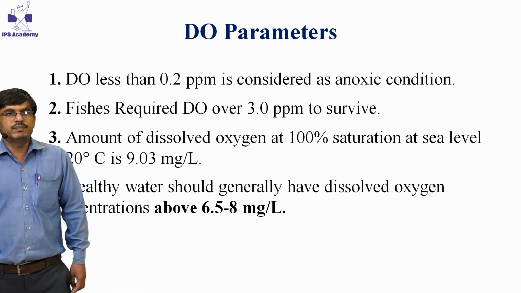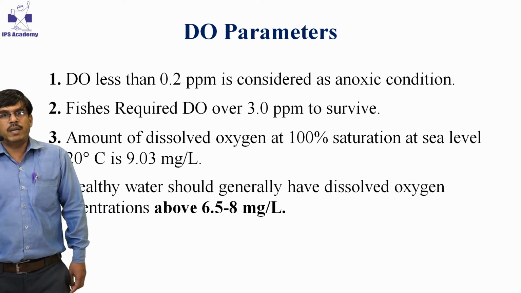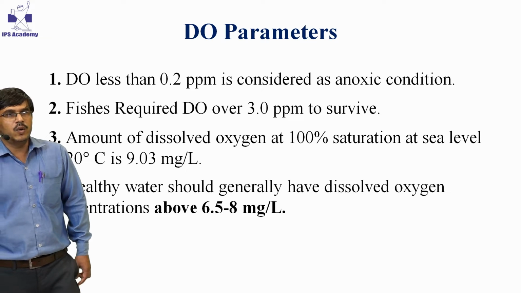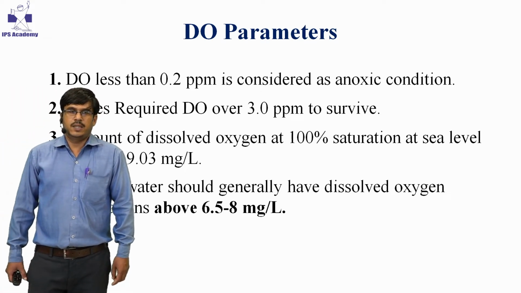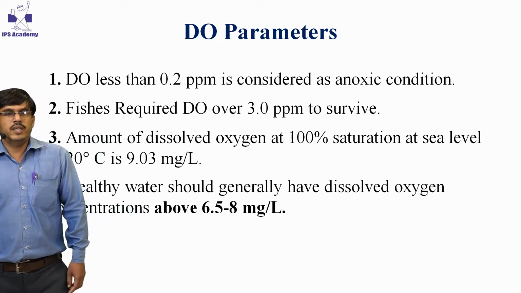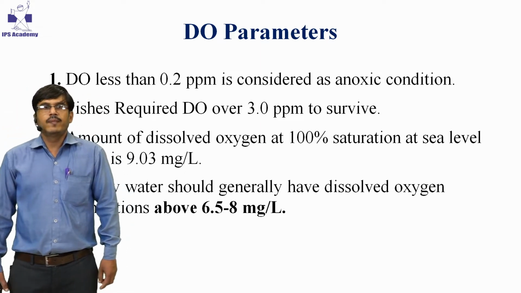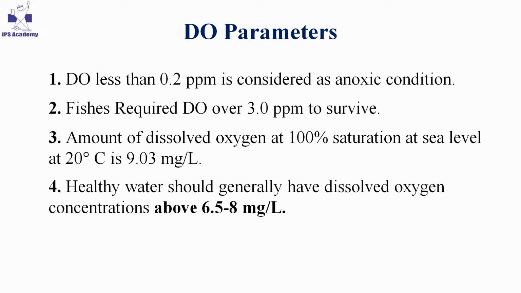Now let's see some ideal parameters or warnings regarding DO. When the dissolved oxygen is less than 0.2 ppm, the water body is termed anoxic, meaning there is no oxygen that can support life.